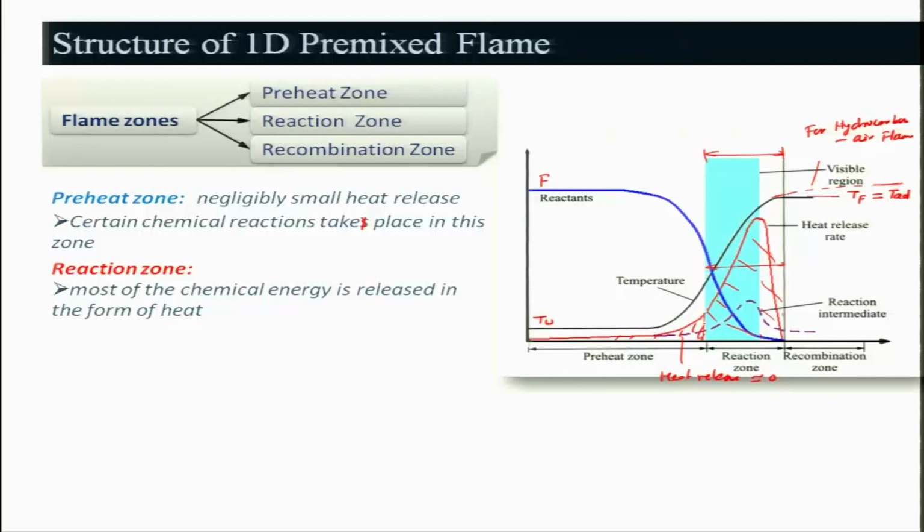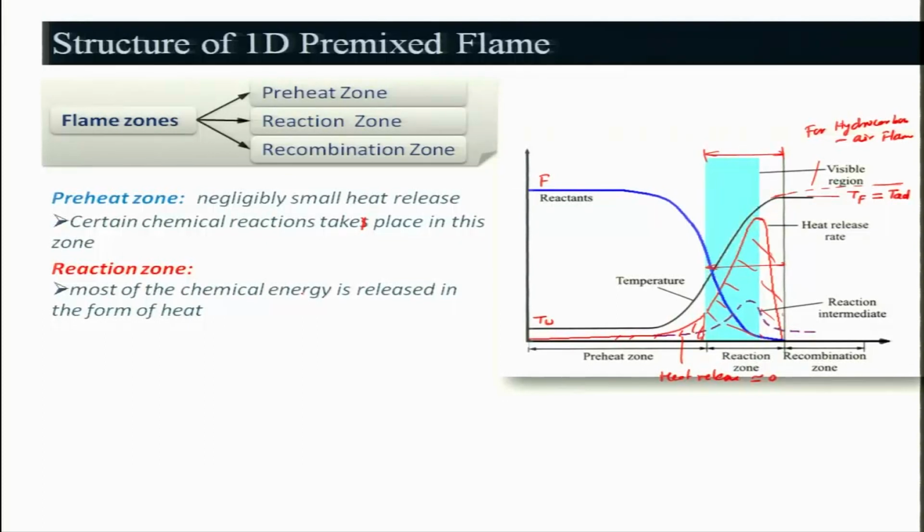Some exothermic reactions may take place in this region, but generally the fuel gets pyrolyzed. Pyrolysis means endothermic reactions: some heat comes in and the higher hydrocarbons are converted into lower hydrocarbons and other molecules which can be consumed.